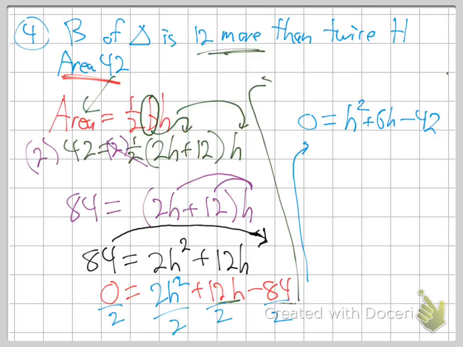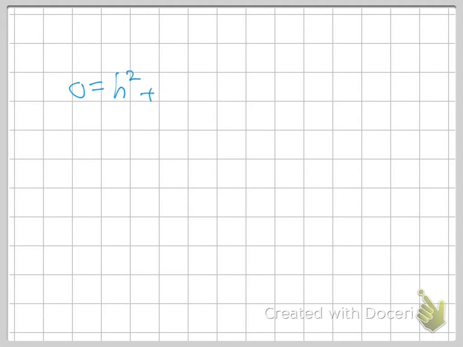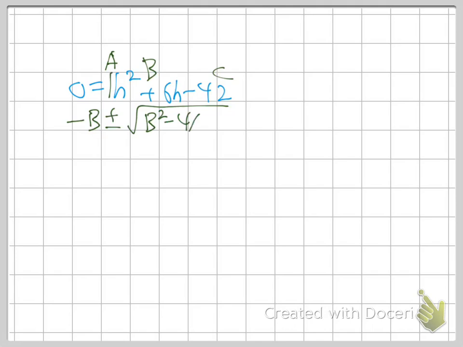0, what is it? H squared plus 6h minus 42. So now it's quad time. I'm going to just wrap this one out. This has been a long problem here. A, B, C, we got to get down to other things. Negative B plus or minus the square root of B squared minus 4AC all over 2A.